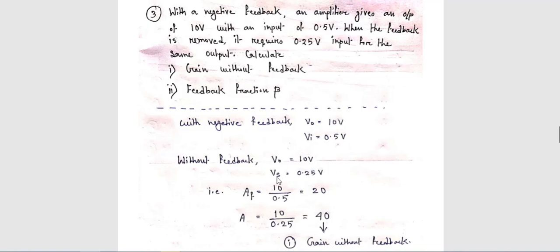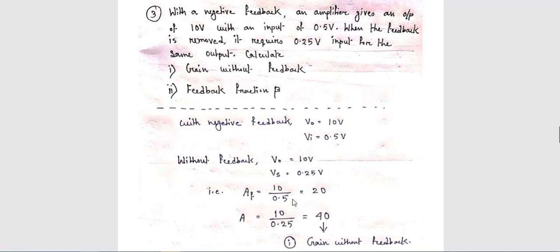From these 4 values, what can we calculate? You can calculate AF and A. What is AF? AF means with feedback, AF is equal to V0 by Vi. So V0 by Vf, and this value is 20. Now without feedback, what is open loop gain?